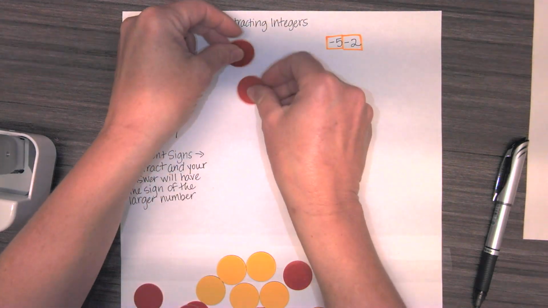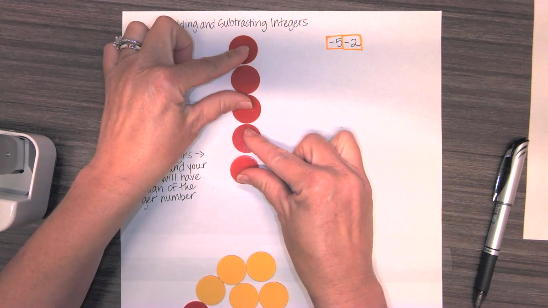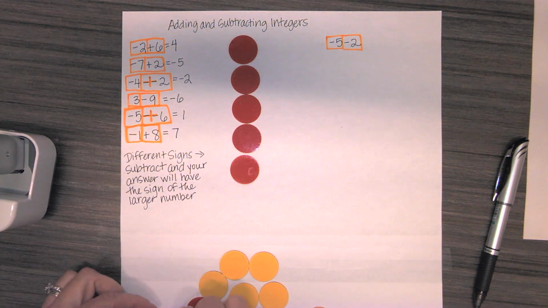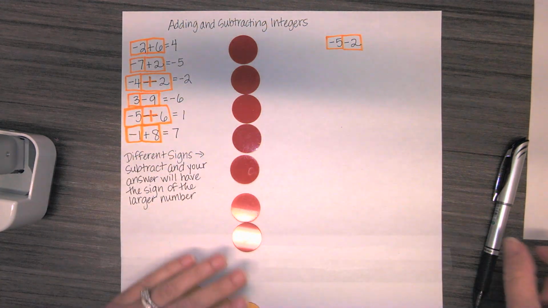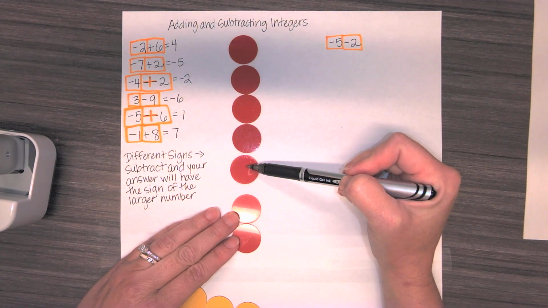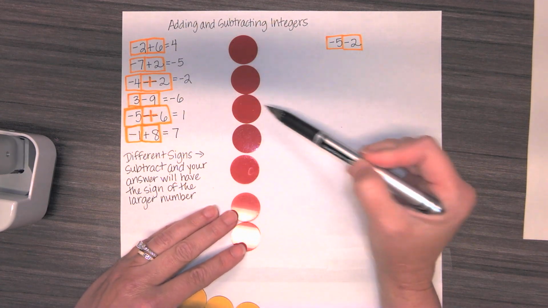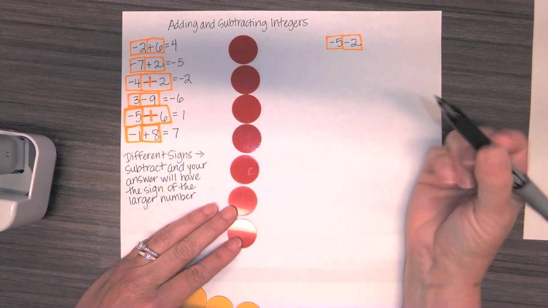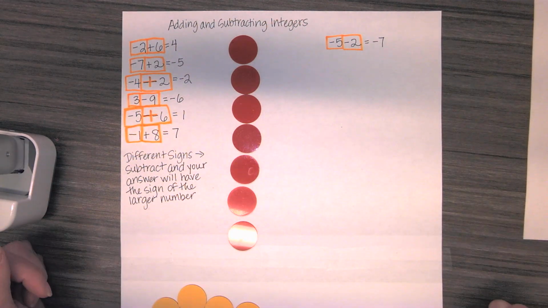Well, in this case, we start to line up our -5, and then when we go to build the next number, we realize it's also negative. So all the chips will be red on this problem. -5, that's 5 reds. -2, that's 2 more reds. Nothing's going to zero out, so when we combine these, we get 7 reds, which is -7, okay?